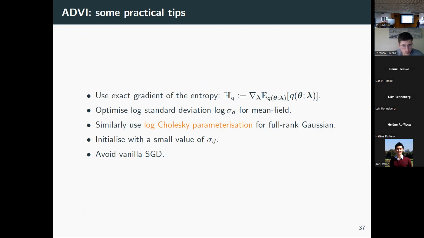If you're using full rank, your parameter is the Cholesky factor, so you do the factorization, that's your parameter, and then you take the log on the diagonal, so that way you get better performance. Generally, initialize things with small values.